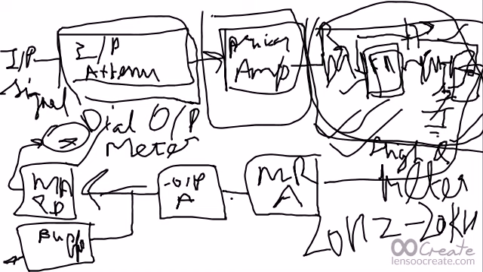The capacitors are used for range changing, and the potentiometer is used to change the frequency within the selected passband.